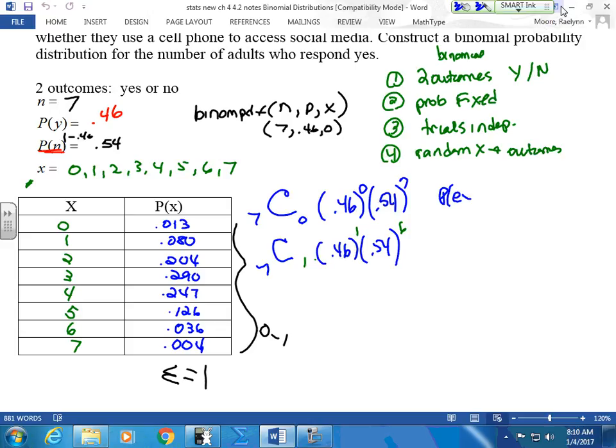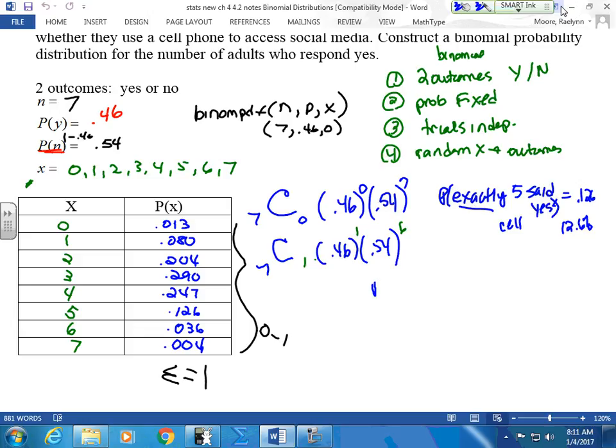The probability that exactly 5 out of my 7 said yes, they used their cell phone. So when I want an exactly, I just come right to the 5. There's my probability. If you like to look at it as percentages, because it makes a little bit more sense, I have a 12.6% probability that exactly 5 will say yes out of my 7.